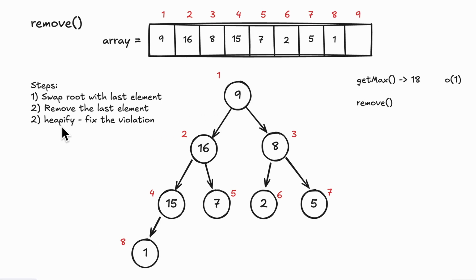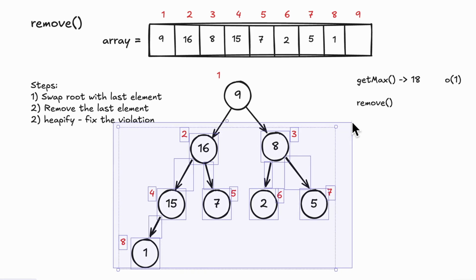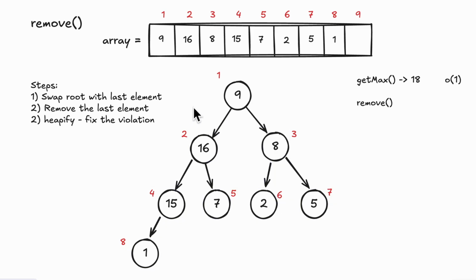Now check whether the condition is violated or not. We already know what condition we have to check: whether the current value is greater than all the nodes below it. That is, 9 should be greater than or equal to all the nodes below it. So we can clearly see that it is less than 16.